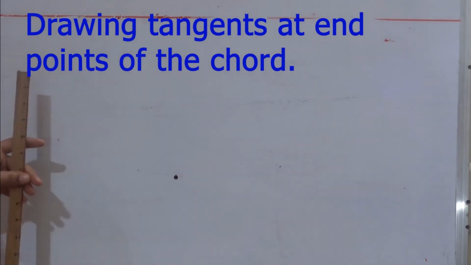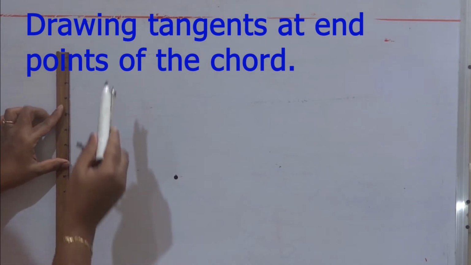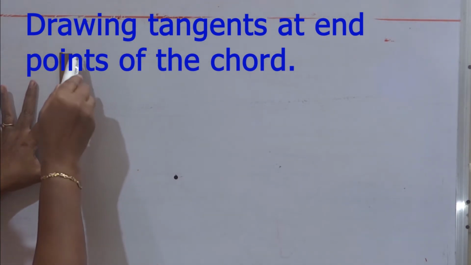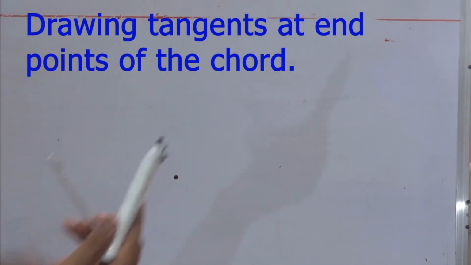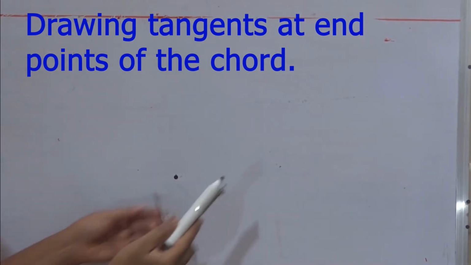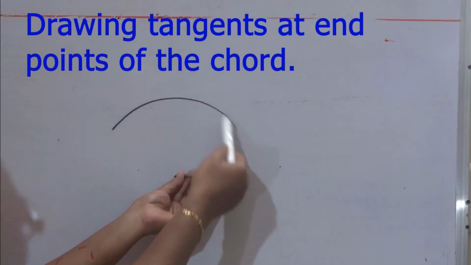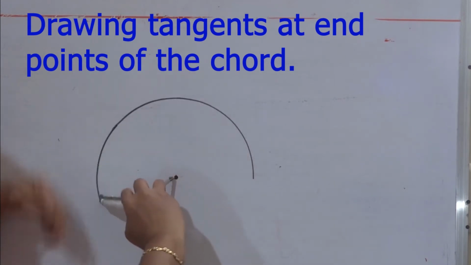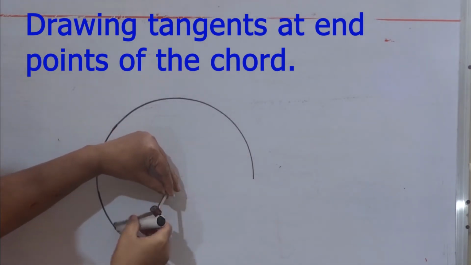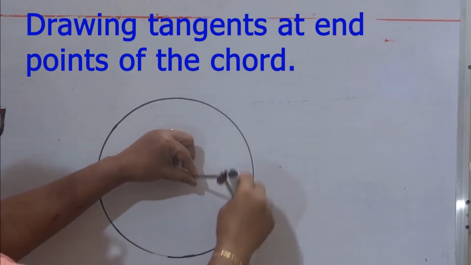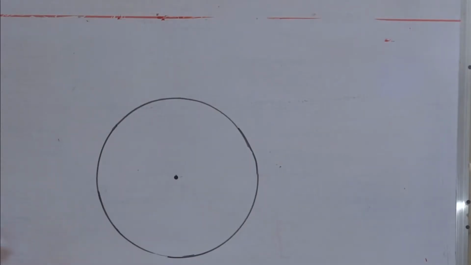Draw a circle of radius 5 centimeter. This is 5 centimeter radius. We are going to draw a circle. To draw a chord, let us mark point P here.